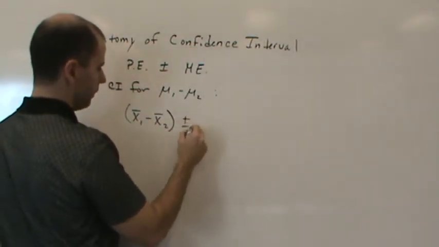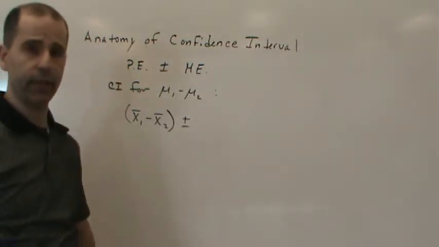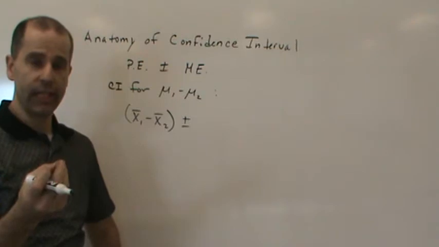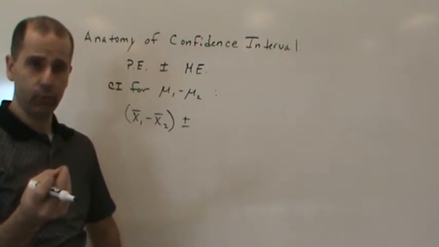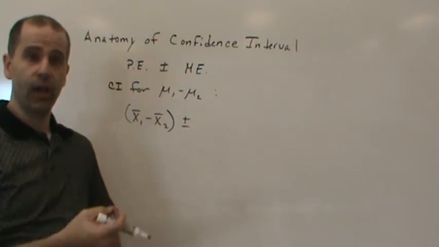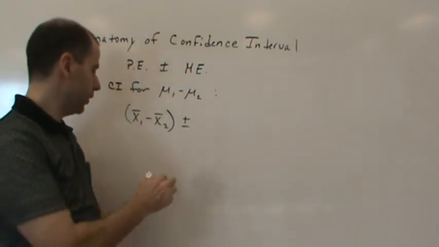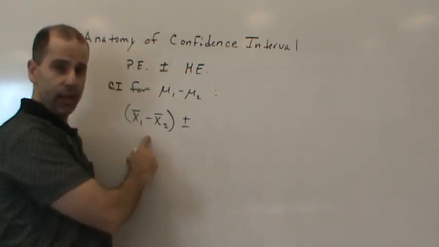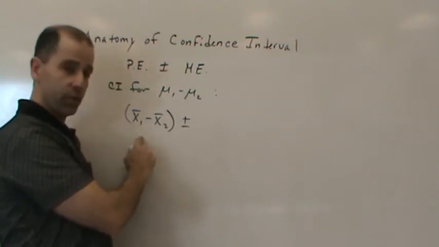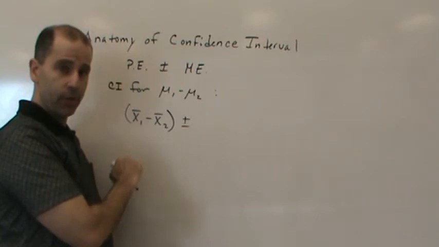And then now our margin of error. Remember the margin of error calculation for one sample? Well, we had our z alpha divided by 2, right, times the standard deviation of x bar. Well, guess what we're going to use? We're not going to use the standard deviation of x bar. We're going to use the standard deviation of x bar 1 minus x bar 2.